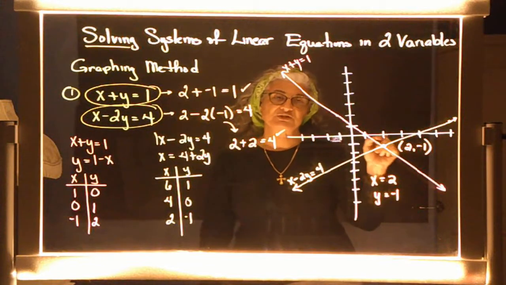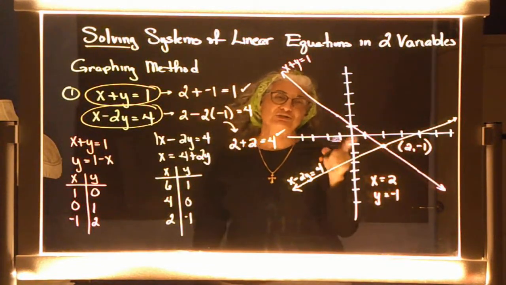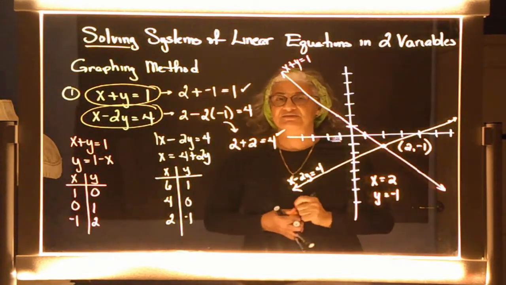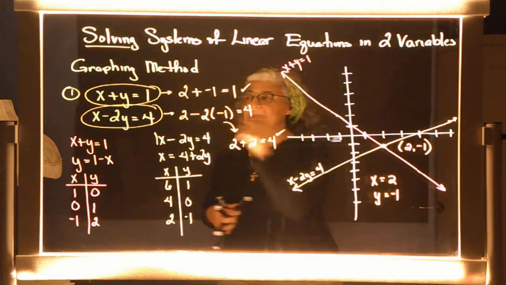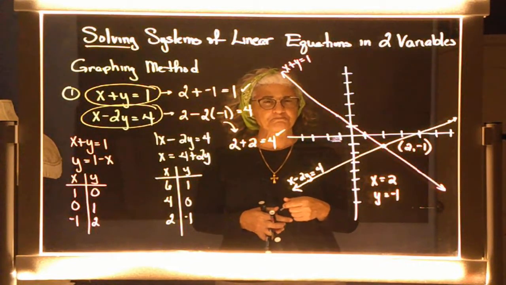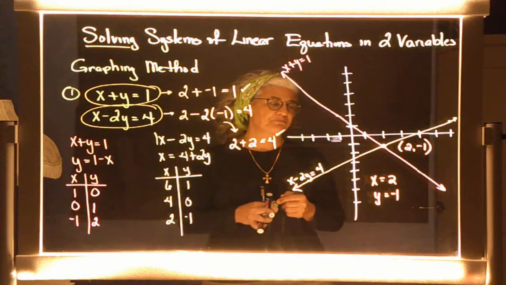So here's the deal. This point of intersection, (2, -1), is the solution for this system of equations, because that is the x and the y that actually work in both of these equations. Does that make sense? Okay, now, piece of terminology for you.